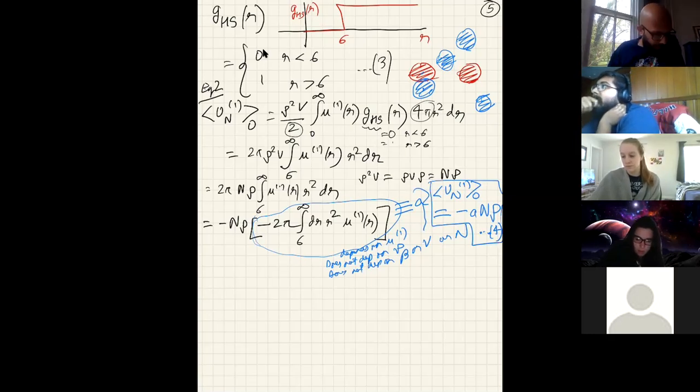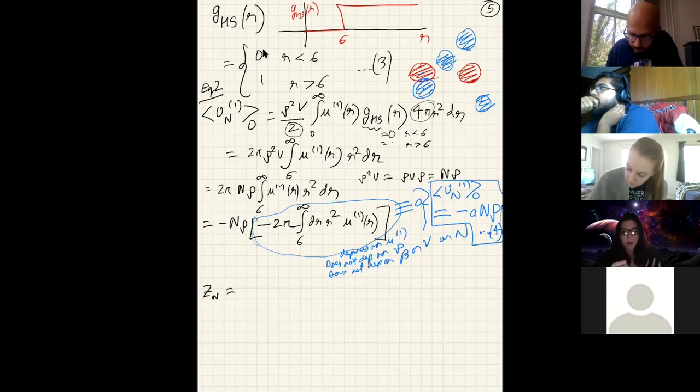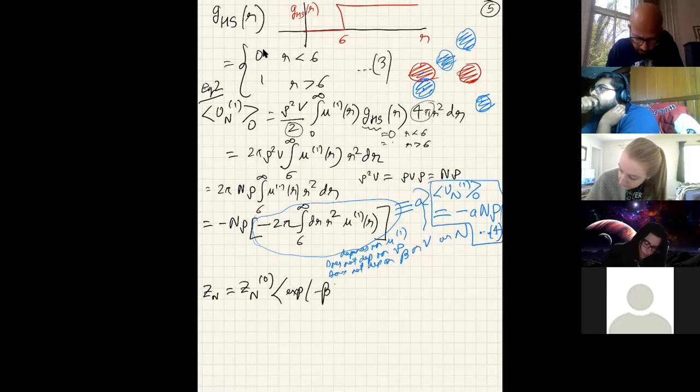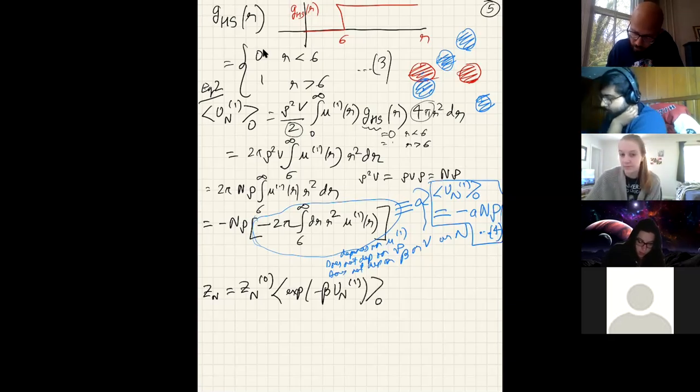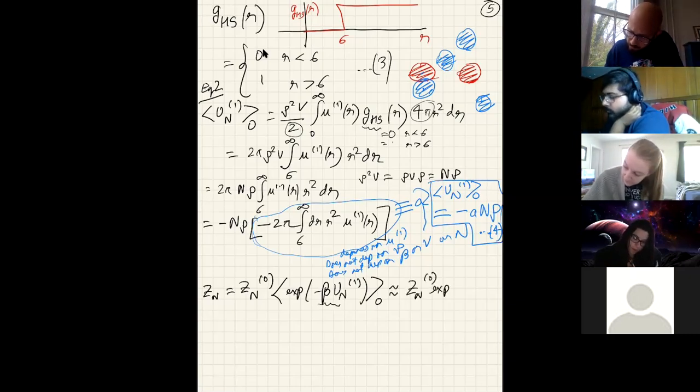So now we are ready to finally write down our partition function. Again, my favorite formula, which is Z_N is equal to Z_N0 times the average of exp of minus beta U_N1 calculated in the reference configuration. And we showed that if this thing is small, then this becomes Z_N0 exp of minus beta U_N1 average in the reference ensemble.